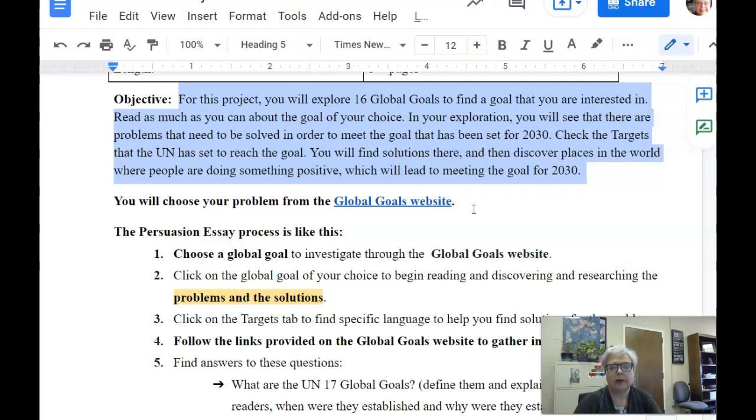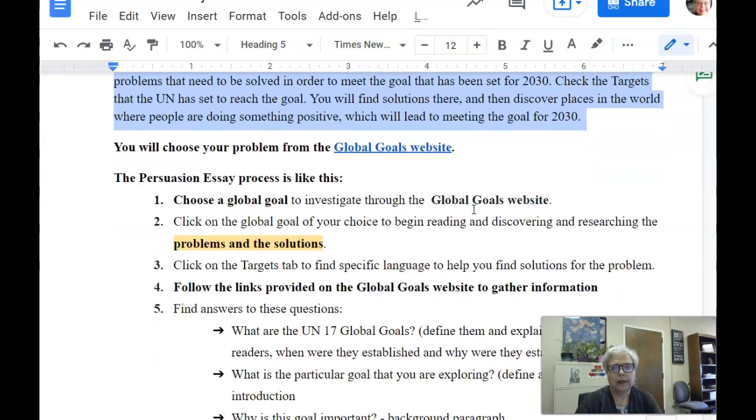And then the third part of the research is to just find places where people are doing these successful things to meet the goal. And you're going to try to convince your reader that everyone needs to be participating in this goal, these solutions, in order to meet the goal.